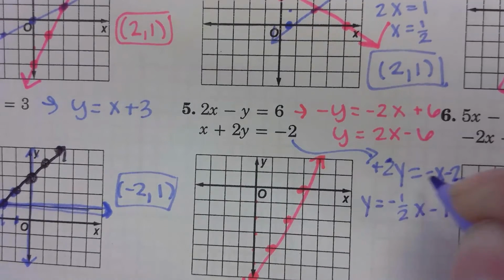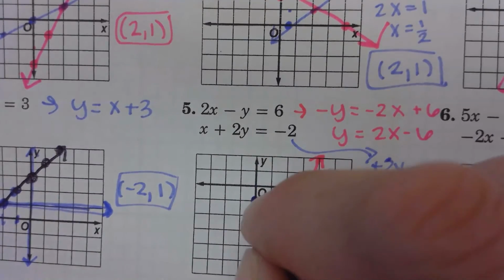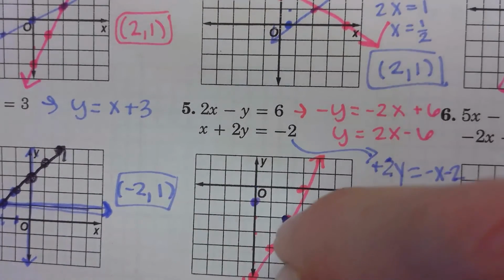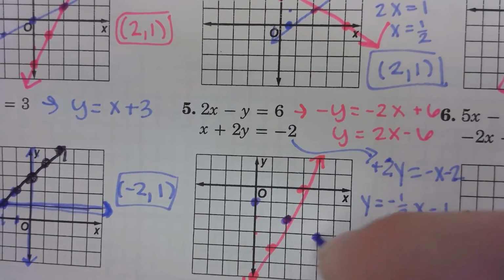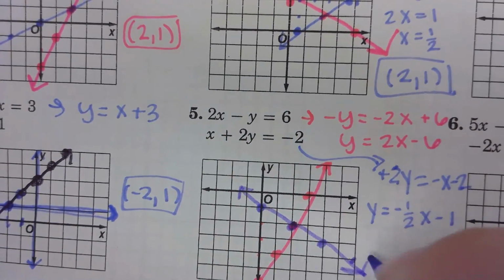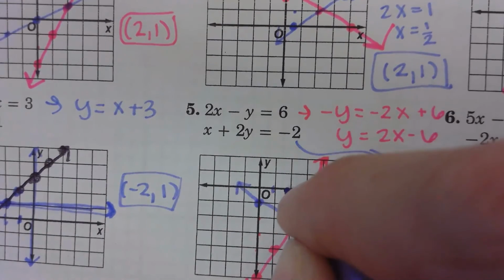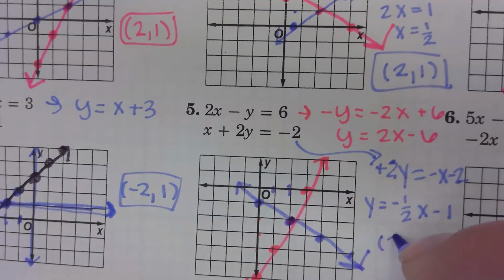Negative 2 divided by 2 is negative 1. Apply your y-intercept, apply your slope, and we see that the points intersect at 2, negative 2.